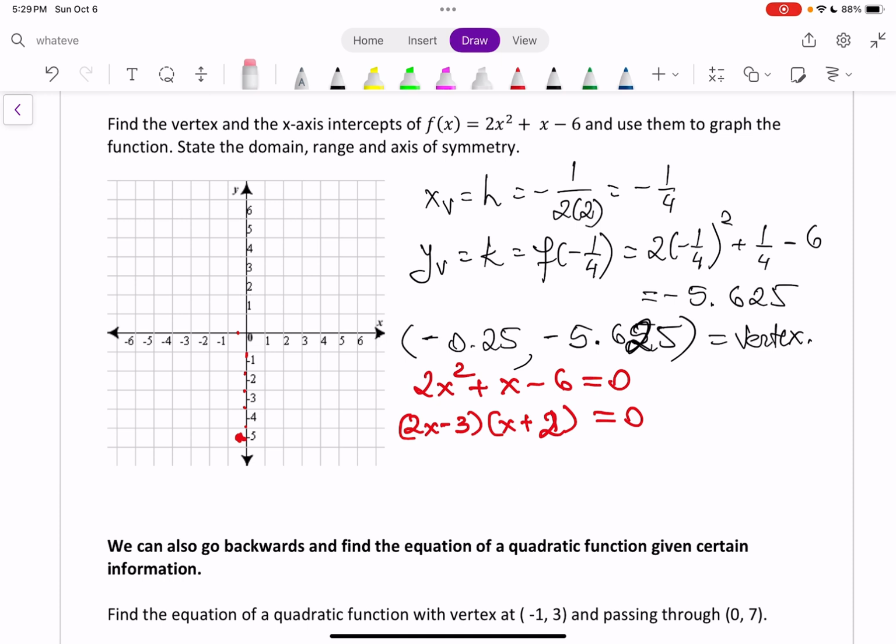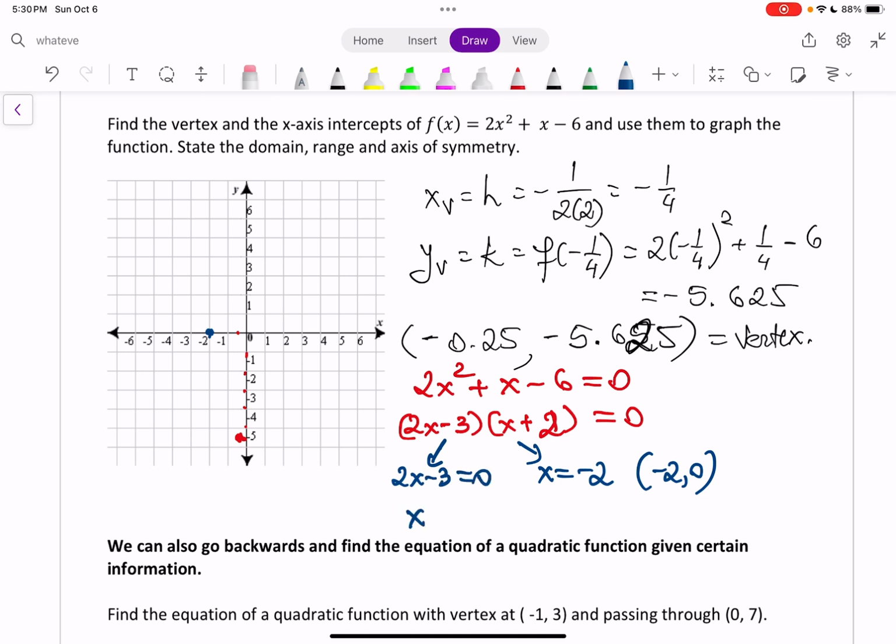If you can't factor, remember, you can always use the quadratic formula to get to those answers. So the two solutions here are that either x plus 2 is 0, which makes x a negative 2. So in other words, we have the point of coordinates negative 2, 0 on the graph. And then 2x minus 3 is 0.